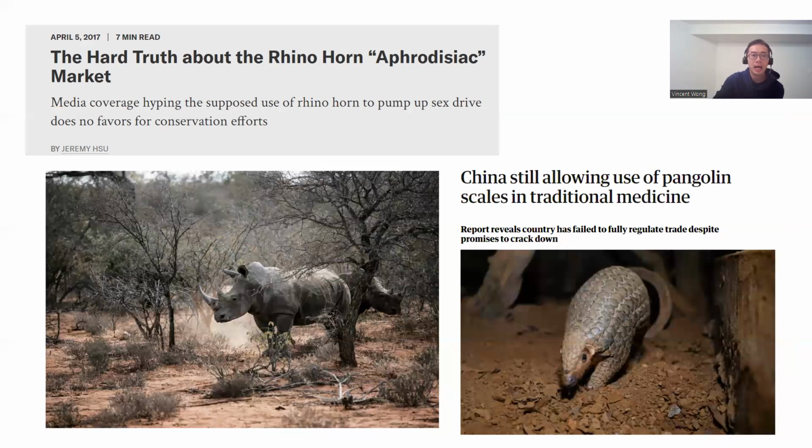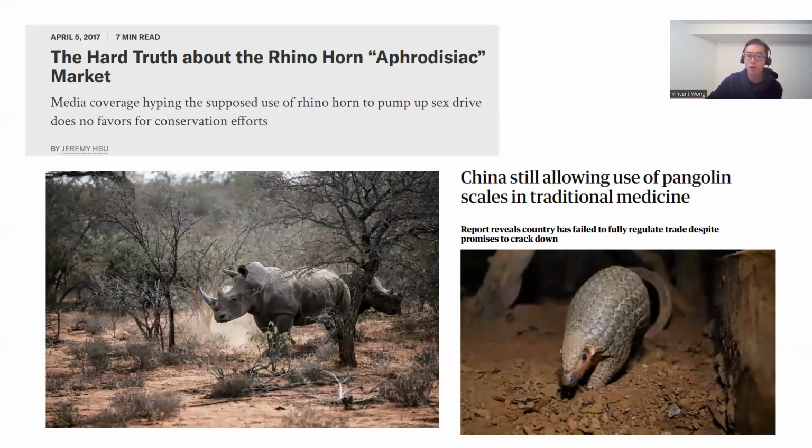But first, I don't know if you guys know this, but there are poachers who hunt down rhinoceros, and they cut their horns off, okay, and then they sell it on the black market because some people believe that they either have medicinal value or that it's going to increase one's sex drive.